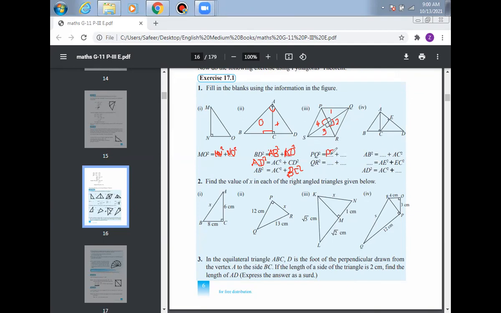PQ squared equal to PT squared plus TQ squared. Right? So PT squared plus TQ squared.